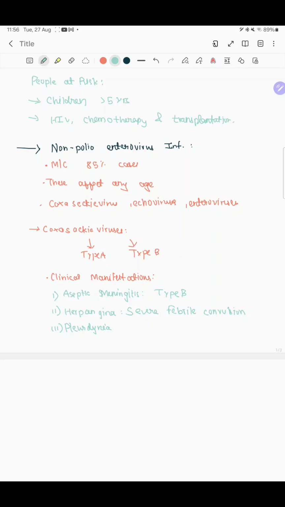So it is the pain of the chest, and it is caused by type B viruses. It could be cardiac manifestations, which include myocarditis and pericarditis.